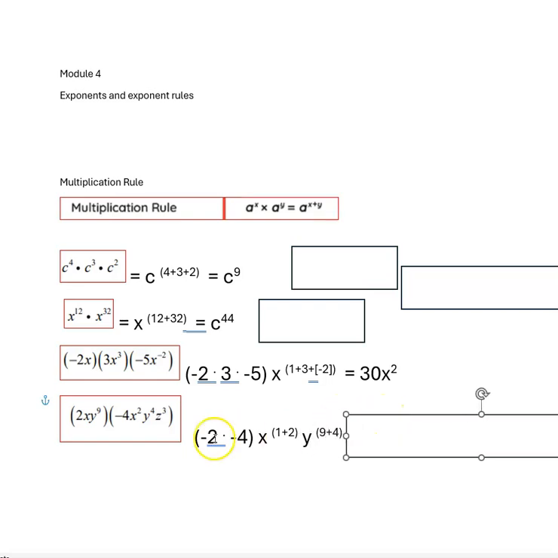So I have 9 plus 4. And then the z, well, all I have is a 3, so I just bring it over. And then I combine them, and I multiply, and I get 8x to the third, y to the 13th, z to the third. It's good to have alphabetical order. Not necessary, but you should try to do that anyway.